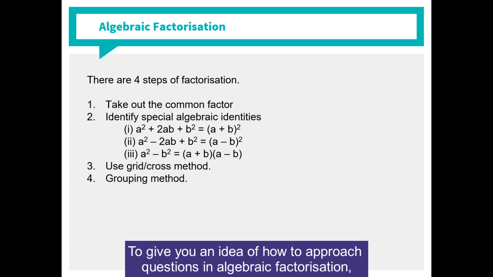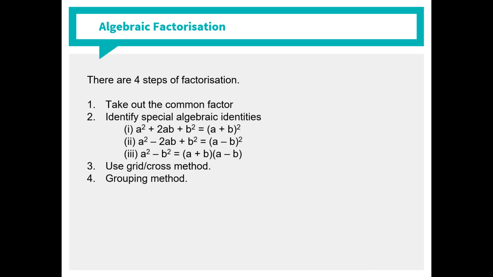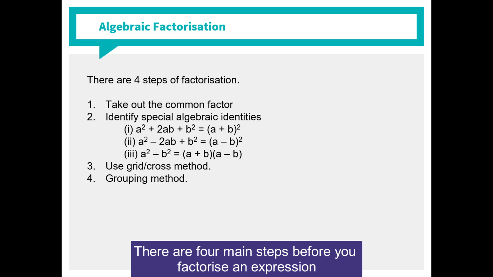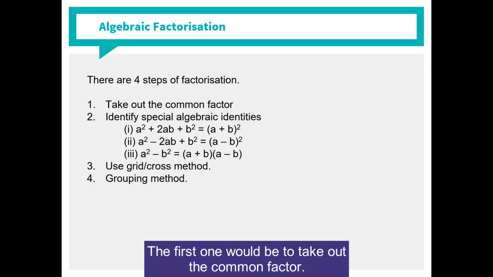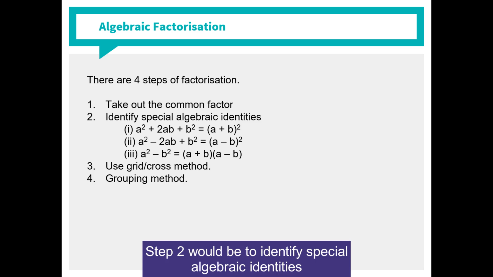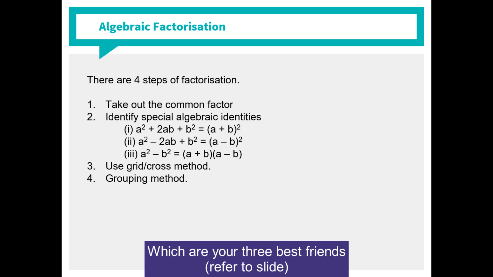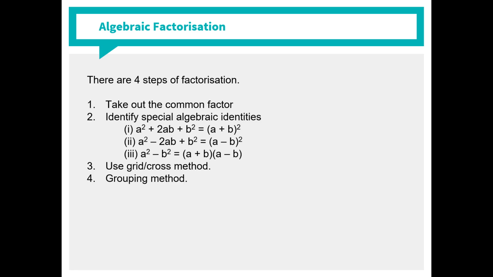To give you an idea of how to approach questions in algebraic factorization, there are four main steps before you factorize an expression. The first one would be to take out the common factor. Step two would be to identify special algebraic identities, which are your three best friends. First one would be a squared plus 2ab plus b squared equals a plus b whole thing squared.